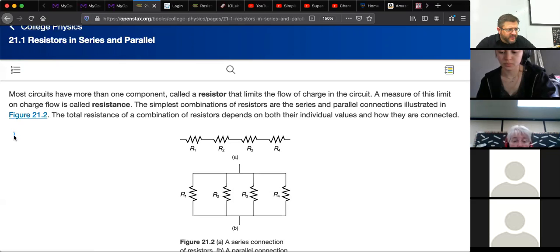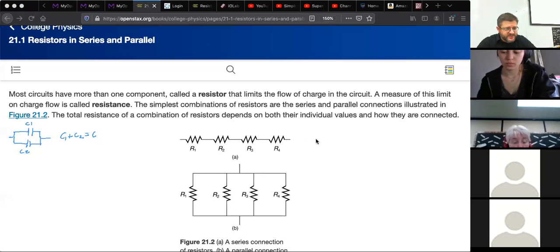If you had a system that looked like this, we had a capacitor here and a capacitor here, capacitor 1, capacitor 2. When capacitors were in parallel, you just added them. Capacitor 1 plus capacitor 2 equals the capacitor total, right? And when resistors are in series, that's what we get.